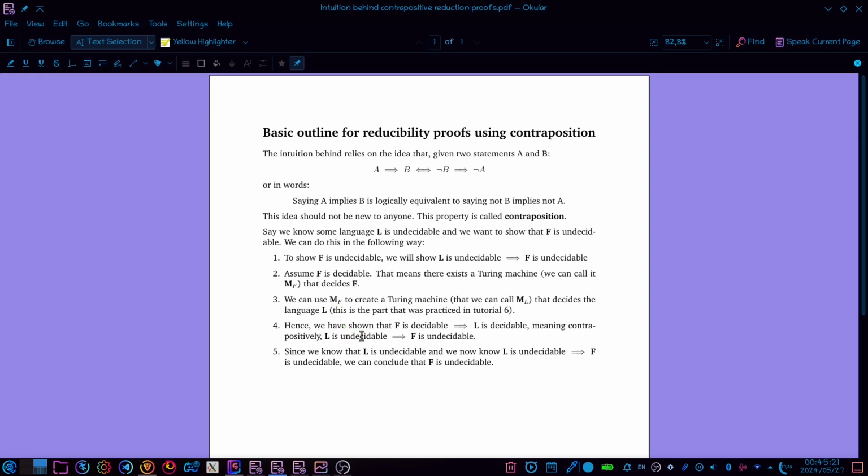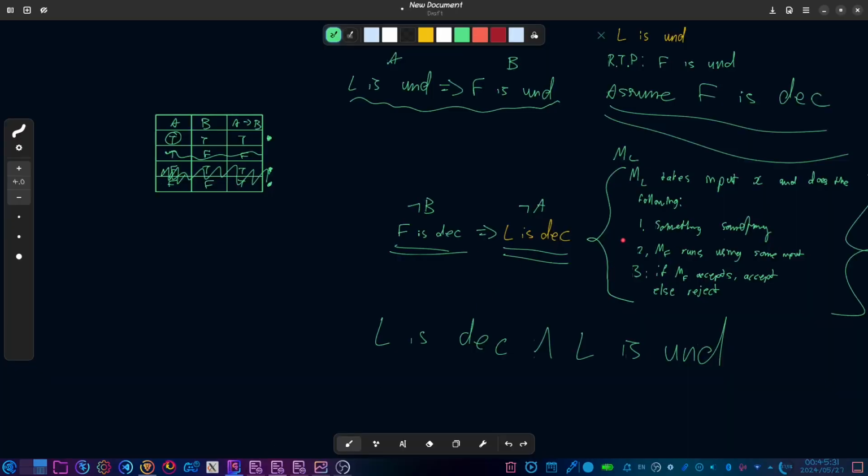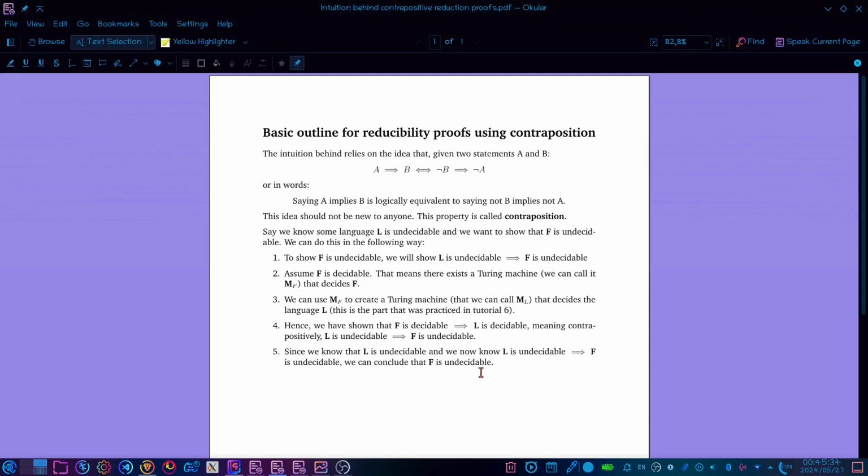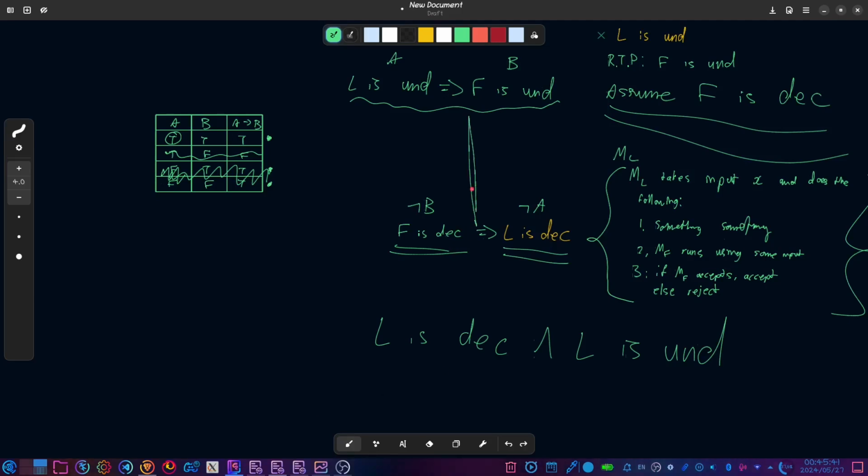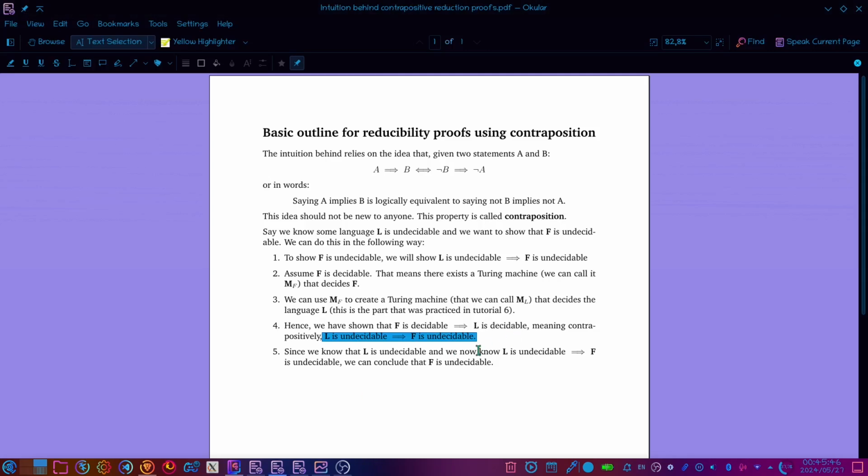Once we've done that, we can say F is decidable implies L is decidable. Meaning contrapositively, L is undecidable means F is undecidable. That's this. And then since we know that L is undecidable, and we know that L is undecidable implies F is undecidable, we can conclude that F is undecidable.